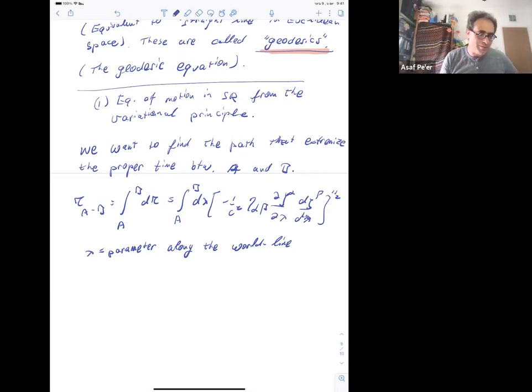So variational principle meaning that we find a path for which when we make a small change, right, of delta psi, then the tau is not changed. But that's exactly the same problem.